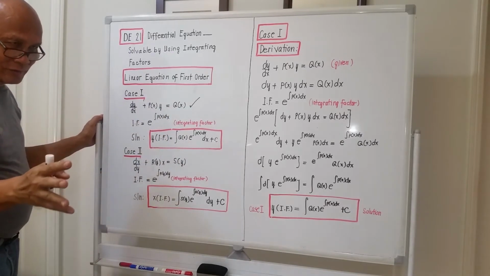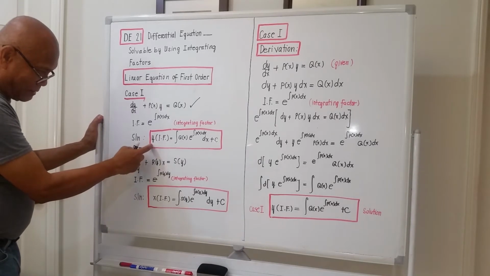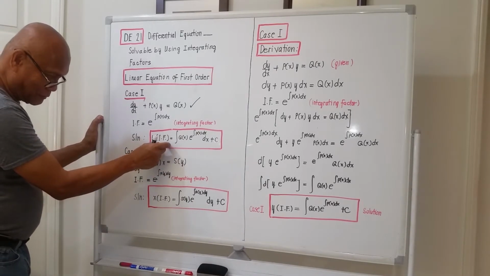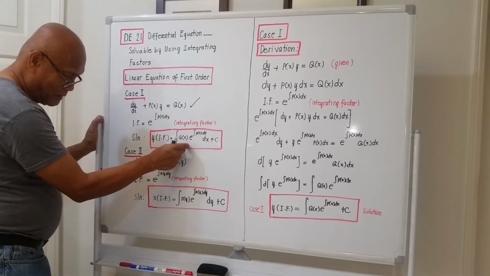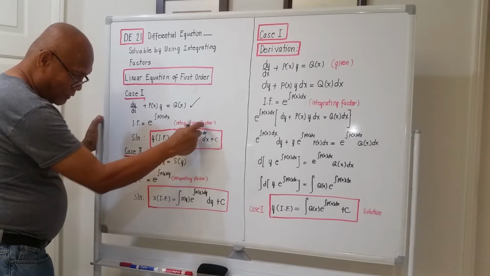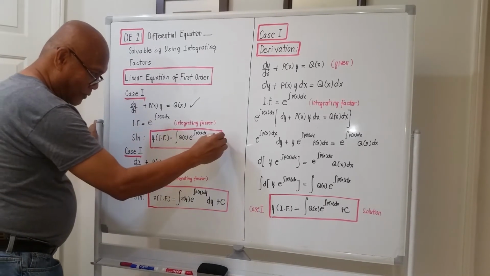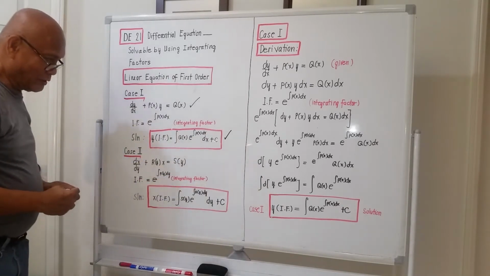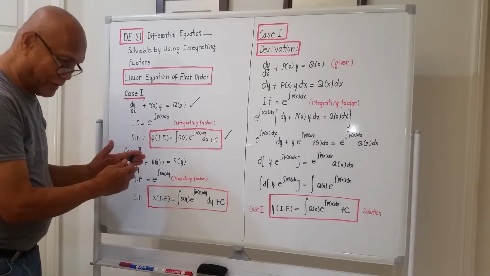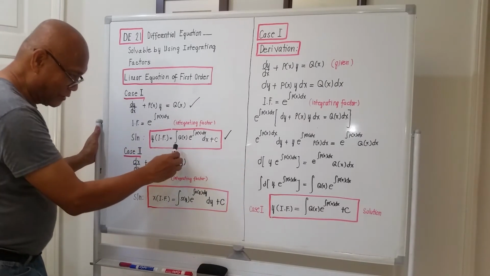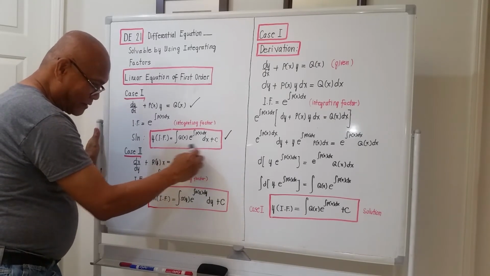And the solution, I will give you the solution, and then I will give you the proof. It will be y times the integrating factor equal to the integral of q of x times the integrating factor multiplied by dx plus c. That's the solution for case number 1. To bring out the total solution, you must integrate the right-hand side.